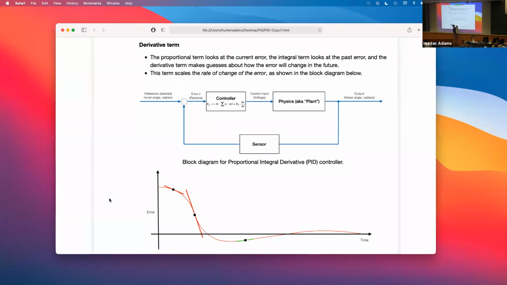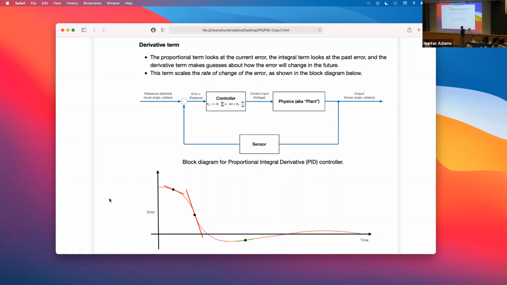So you can see here that as the error is decreasing quite quickly, the derivative is large and negative. So that becomes a negative contribution to our controller, which slows the motor down as opposed to speeding it up. It fights back against the proportional controller.